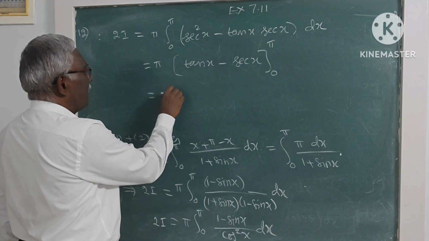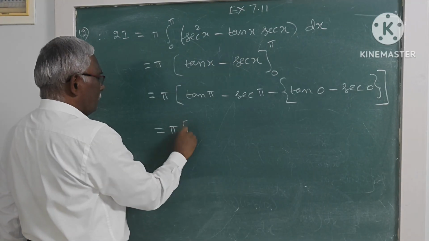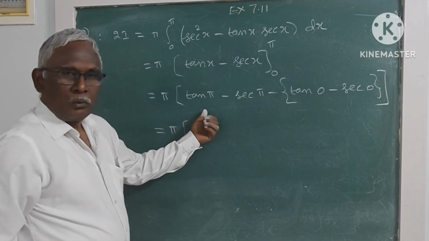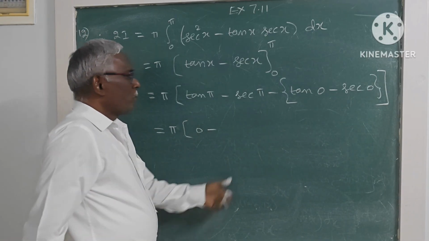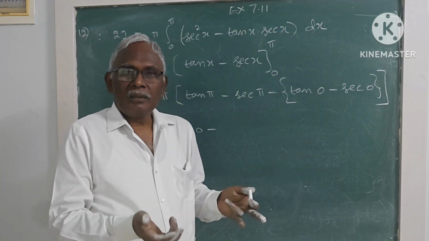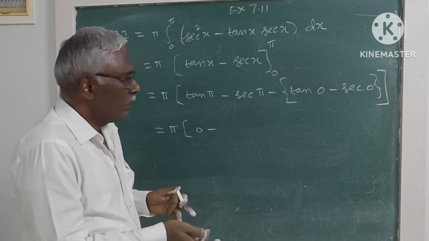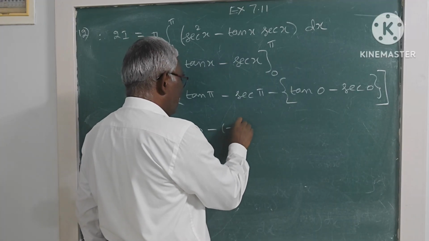So pi into... first put the value. We know tan 180 is 0. Cos 180 is minus 1, so secant 180 is also minus 1, 1 over minus 1 is minus 1.